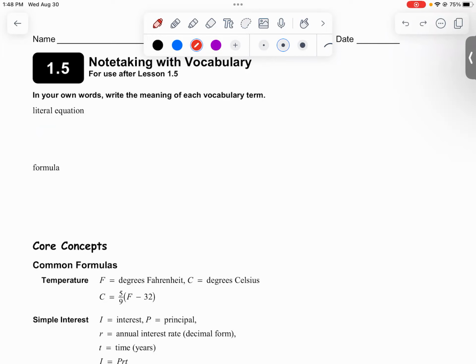A literal equation is an equation. A literal equation is an equation with two or more variables.